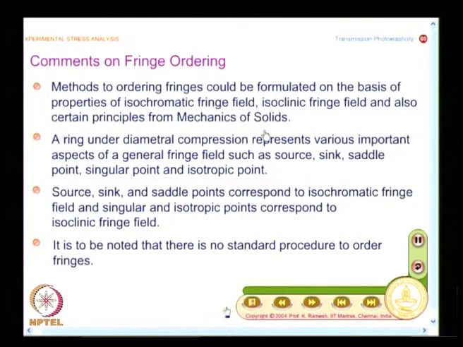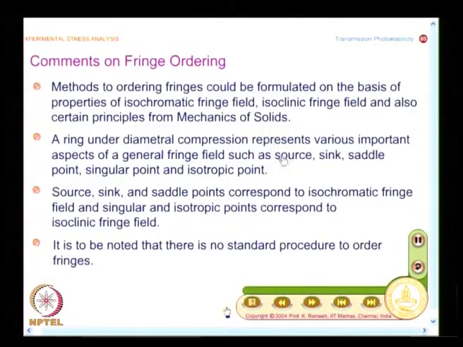With modern developments, you have the advantage of computer based methods which provide you the fringe order at every point in the model domain. Though they are automated methods, my recommendation is, from a learning point of view, you should also know how to look at the fringe pattern and label the fringes. This knowledge would complement your further learning.